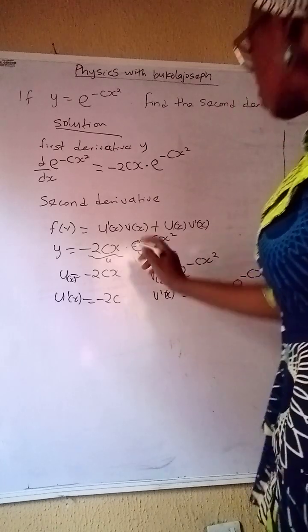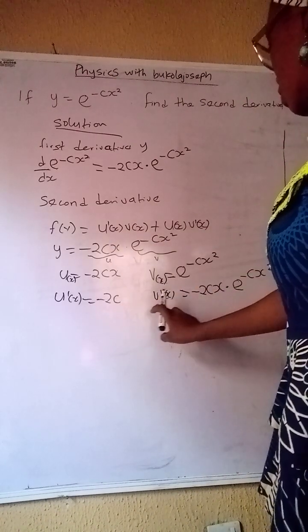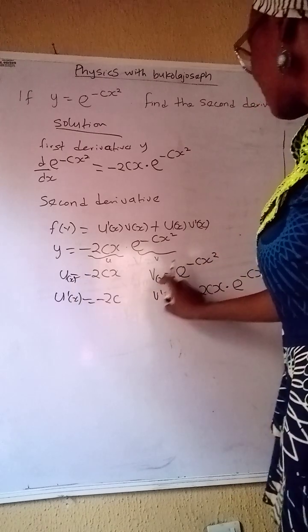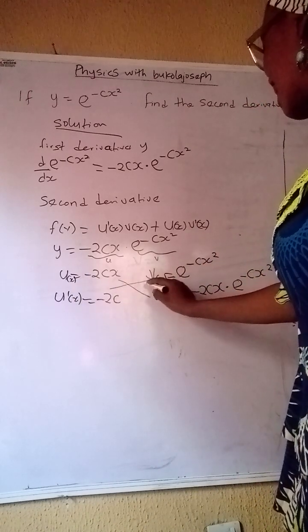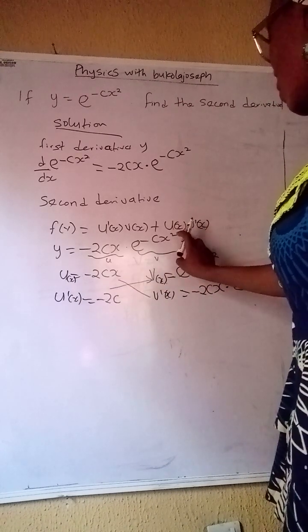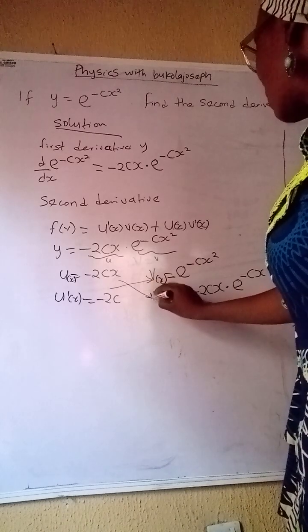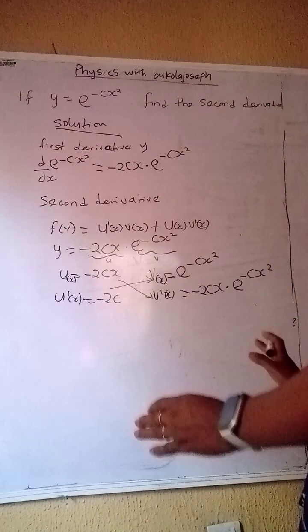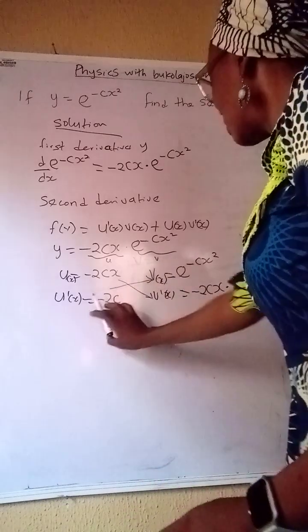Now the rule says u prime times v of x. This is u prime, times v of x. It looks as if we are cross multiplying: u prime times v plus u times v prime. So we are multiplying this, adding it to the multiplication of this.